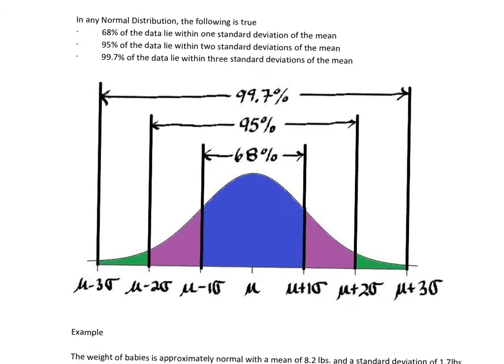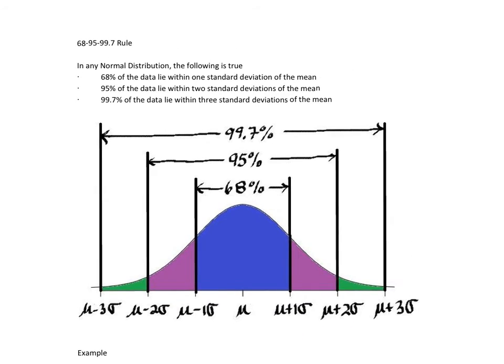So there are a couple rules. The most common rule is the 68, 95, 99.7 rule. How it works is that in any normal distribution, 68% of the data is going to lie within one standard deviation of the mean. If we're looking at this picture, the blue area is the 68% of the data.